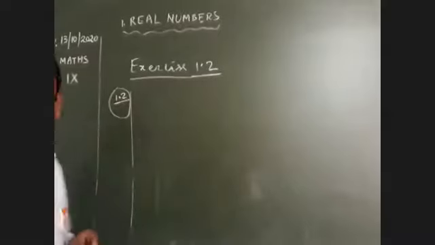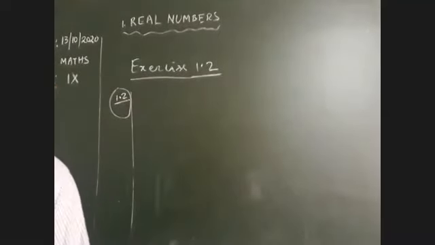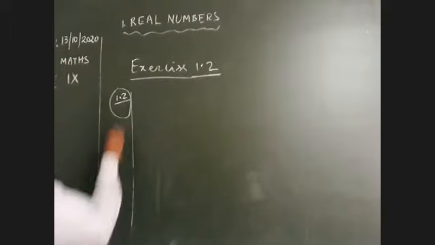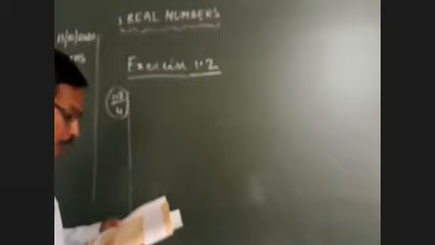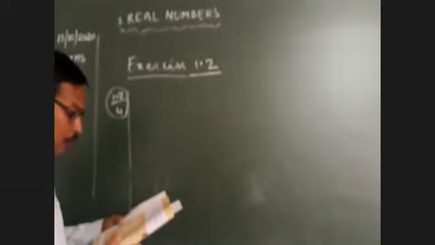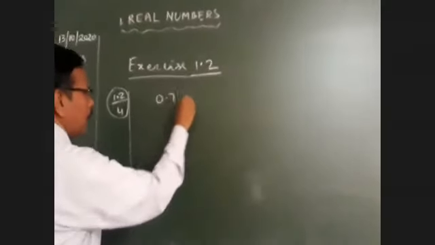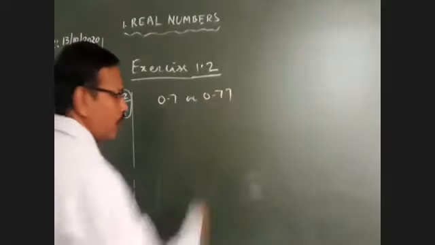Next. The remaining sums are from sum number 4. Sum number 4 is also very simple. Here, find two irrational numbers between 0.7 and 0.77. Just now we have done the same way.